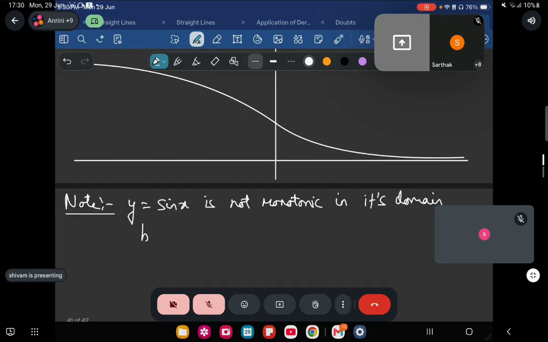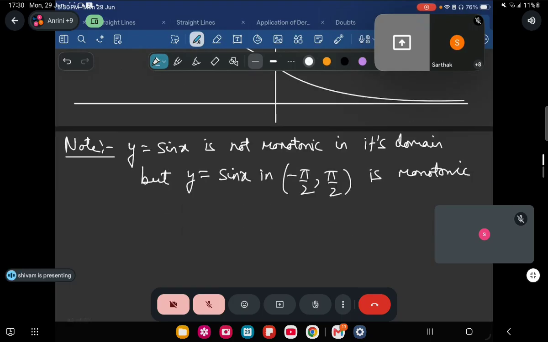But y equal to sin x in the open interval (-π/2, π/2) is monotonic. Also, you can say that y equal to sin x is monotonic in the closed interval [-π/2, π/2].